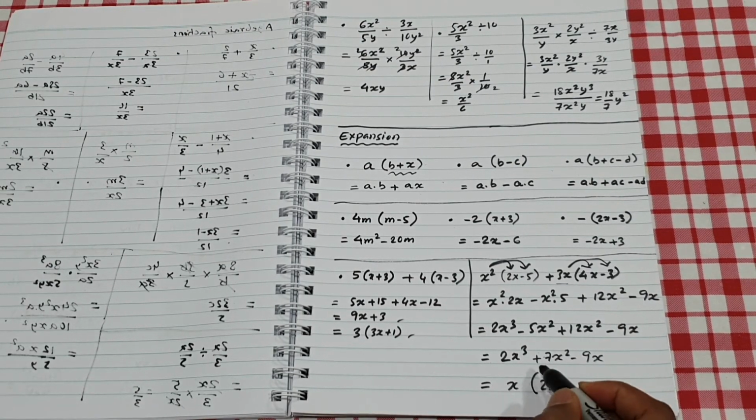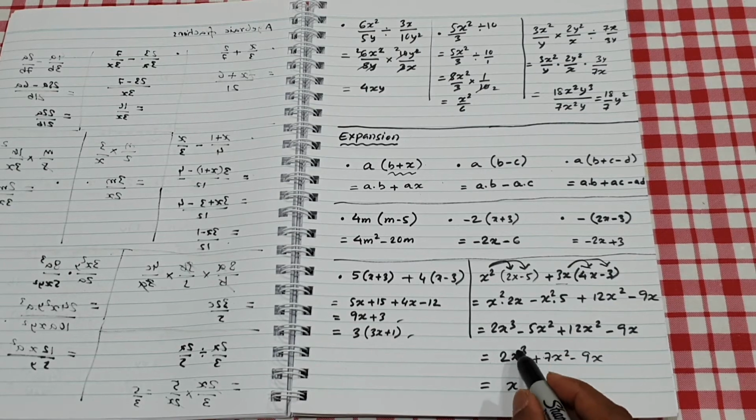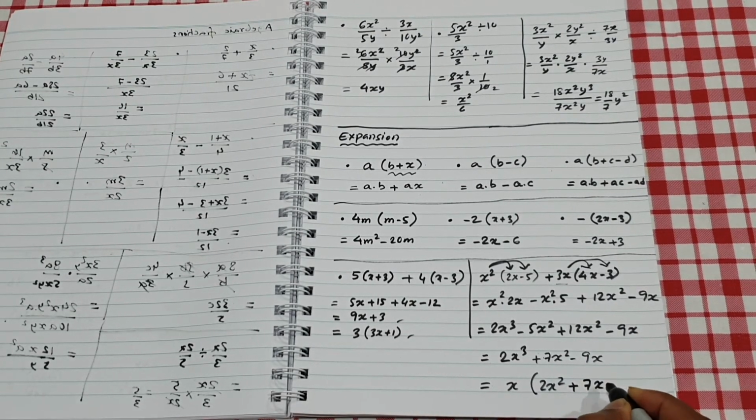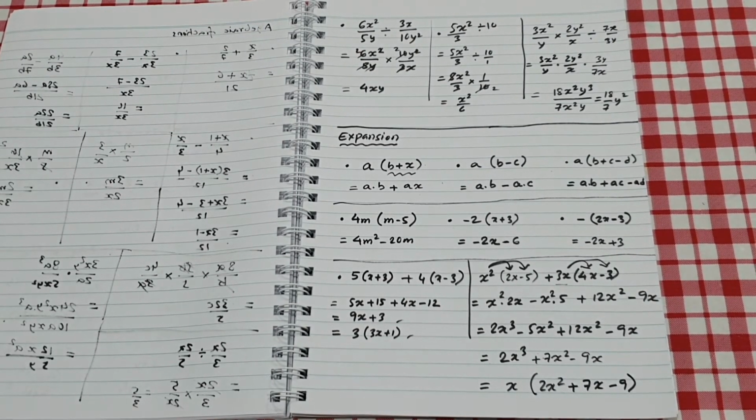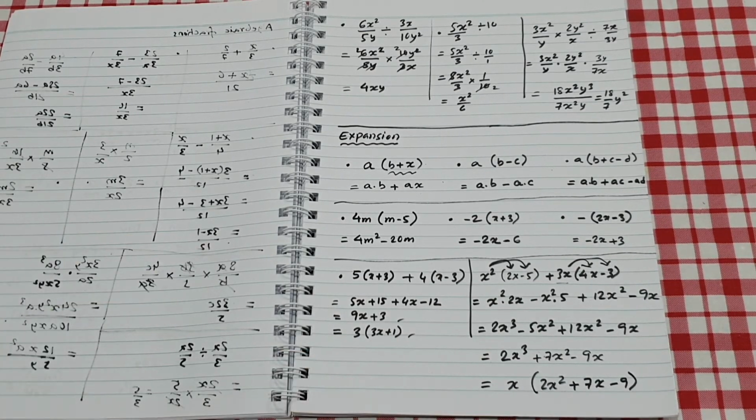I've taken x common, so that's outside, and this gets divided by x, gives you 2x squared. This gives 7x, and this gives minus 9. That would be your answer. So when you take something common, you keep that outside the bracket, but you have to divide every term in the expression by that quantity.